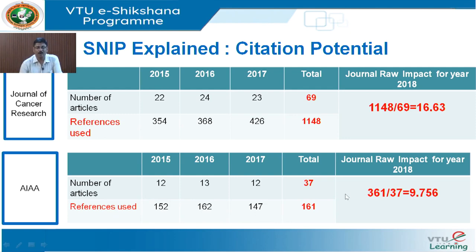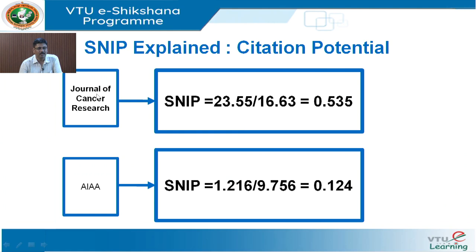Okay. So now how is SNIP calculated? Journal raw impact factor divided by citation potential. For cancer research, 23.55 is the journal raw impact factor, that is nothing but CiteScore, divided by citation potentiality, gives 0.535, right. Whereas for the aerospace paper, 1.21 is the journal raw impact factor, citation potentiality is 9.756.